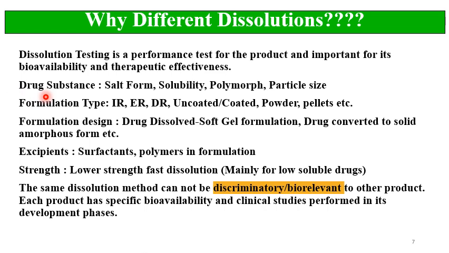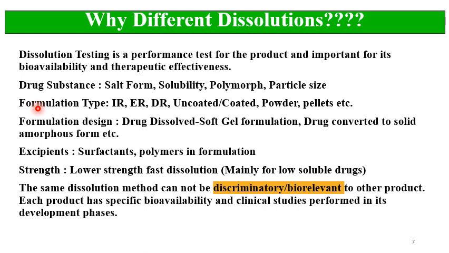First of all, we will consider the drug substance. Different drugs exist in different salt forms or solubility, then polymorphism and particle size. If you consider the same drug, it may exist in different salt forms. Different salt forms have different solubilities. Different polymorphs have different solubilities and stabilities.